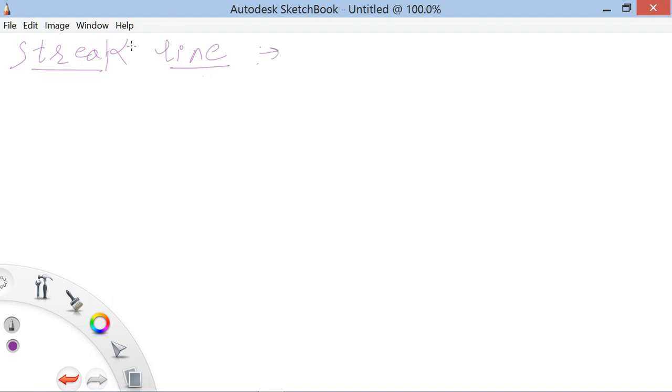So what is a streak line? Streak lines are nothing but, when a series of fluid particles are passing through a fixed point, then such a line is called a streak line. So this is nothing but a line traced by the moving particles.